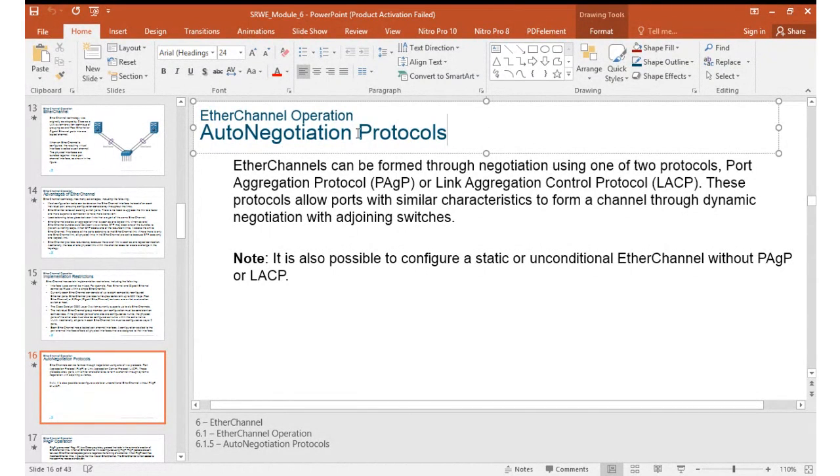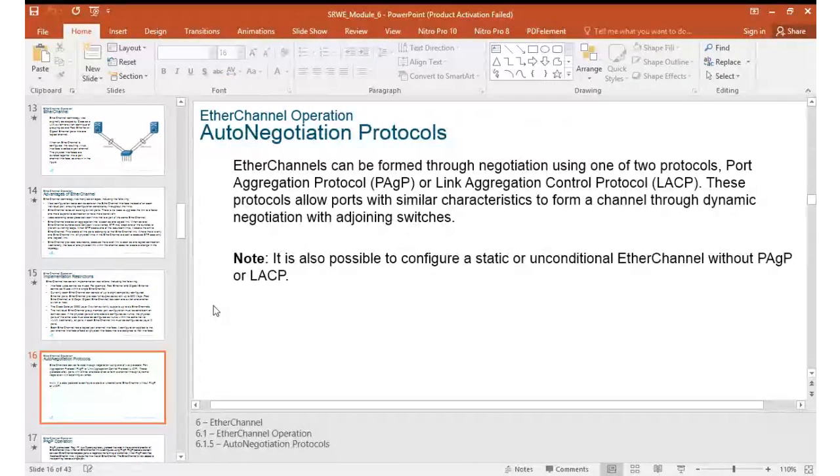That's why they are called auto negotiation. They facilitate the interfaces of a switch to auto negotiate those properties until they share the required implementation factors, and then they can initiate the EtherChannel process. That is the purpose of these two protocols.